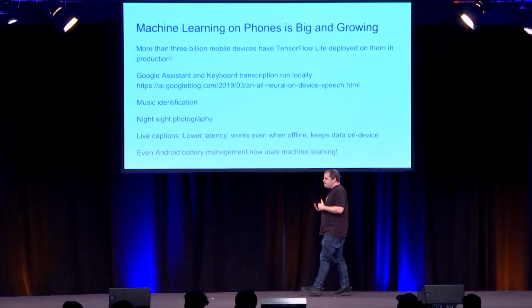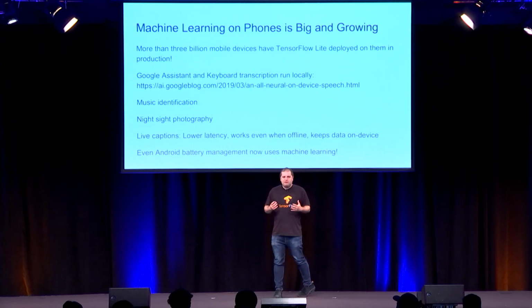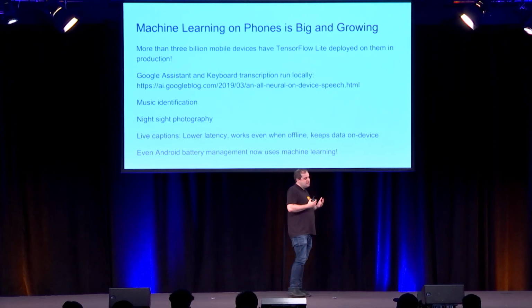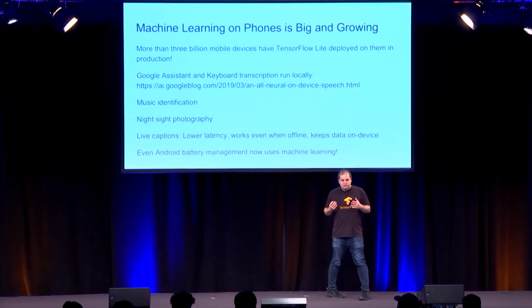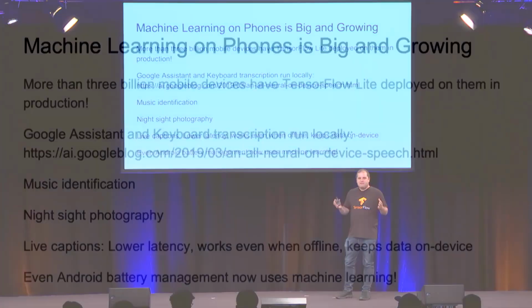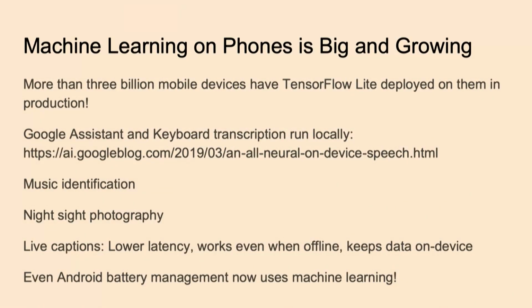Almost any application you can think of is going to have some kind of machine learning happening somewhere, quite often on device. We have the example of music identification, which is one of my favorite things. You can just have your Pixel sitting out on the table on the lock screen, and it will be listening and actually identify different kinds of music that are playing.